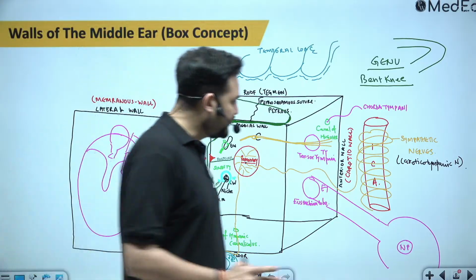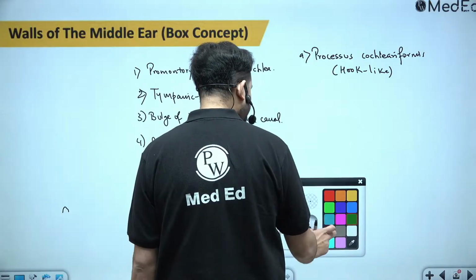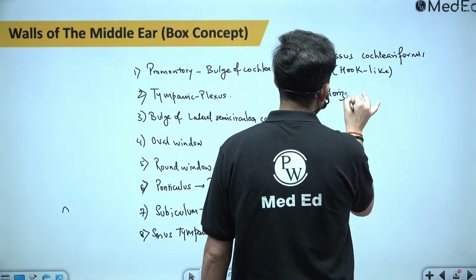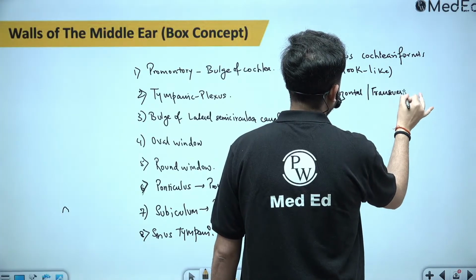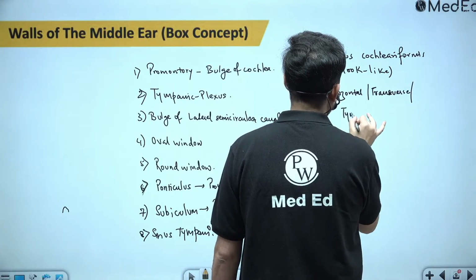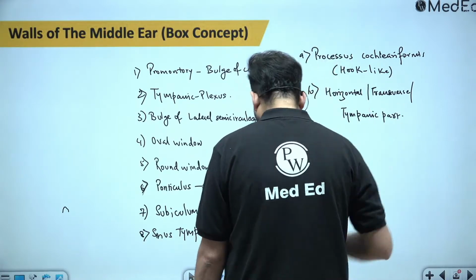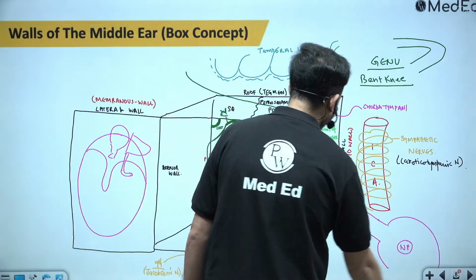Right? So you can say the 10th part that we read is that my facial nerve's horizontal part, or I can also say transverse part, or I can also call it tympanic part, is actually running at the upper end of my medial wall, which I just told you.